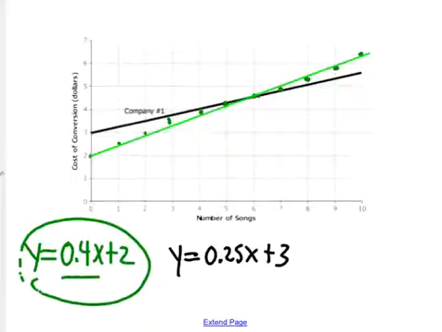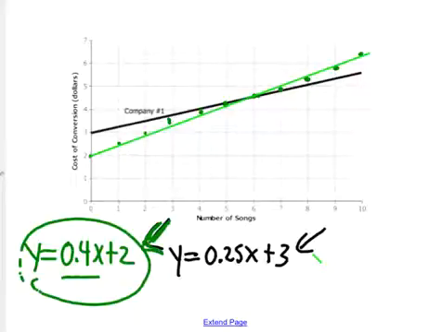So one of the things that we often ask is which one's a better deal? Which one of these two companies, so is it the company with 25 cents per song but $3 initial fee? Is that one a better deal? In this case, I'm calling that the black line. Or is the line that's green, messing up on my color coding here, is the line that's green here the better deal?